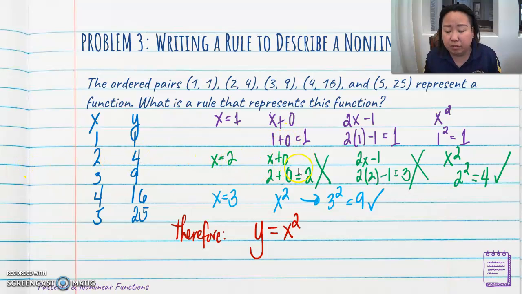With the second input, 2x minus 1 will also not work, and eventually you will realize that if you square all these x numbers, you will always get the y value. And so our function rule for this would be y is equal to x squared.